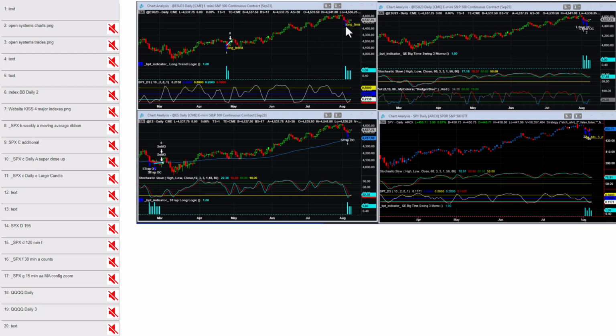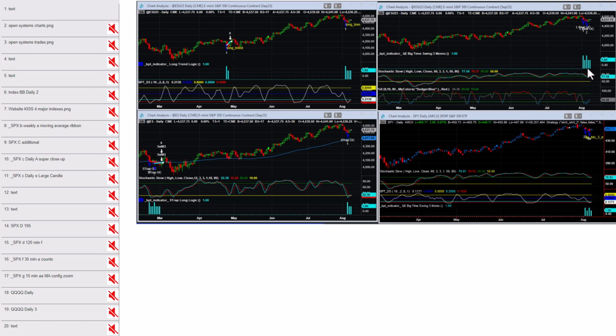The trend pullback went long last week, you can see it in the upper left. The S-trap went long last week on Friday, taking a first entry. And the QE Momo on ES went long last week, a first and second entry. On SPY, the QE Momo is in a first and second entry as well.